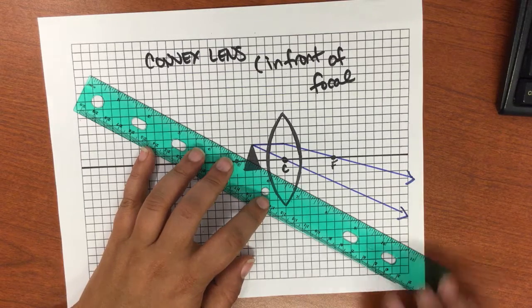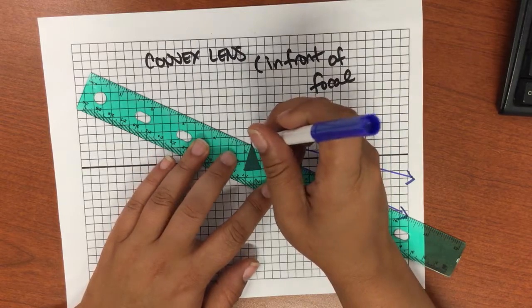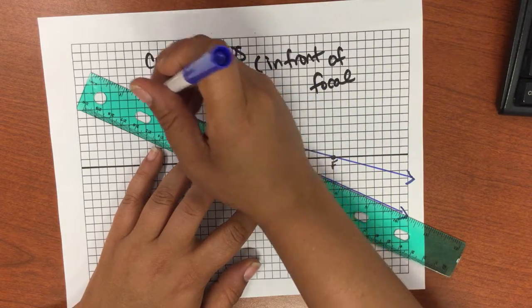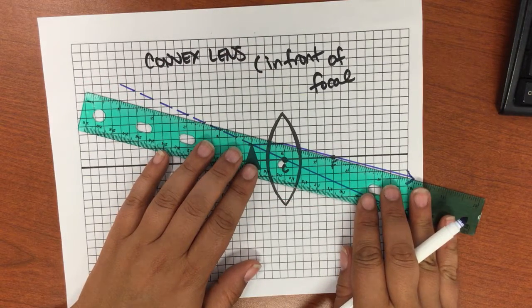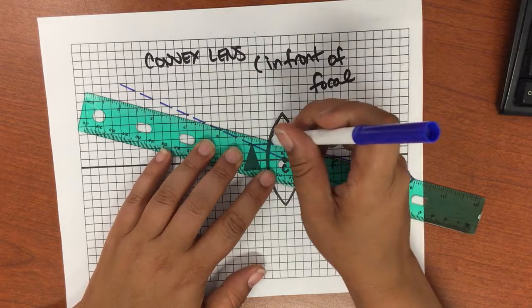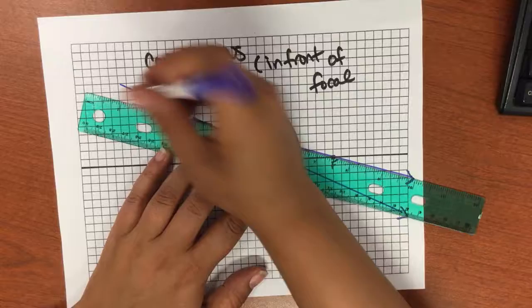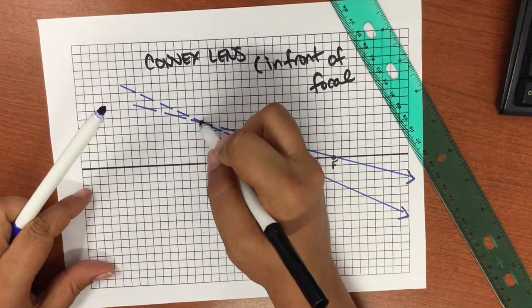Those two are never going to intersect, so I have to follow it backwards. There's my intersection.